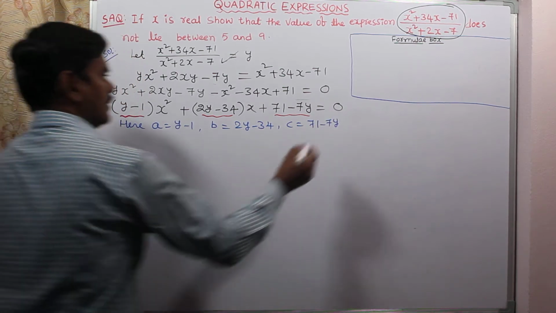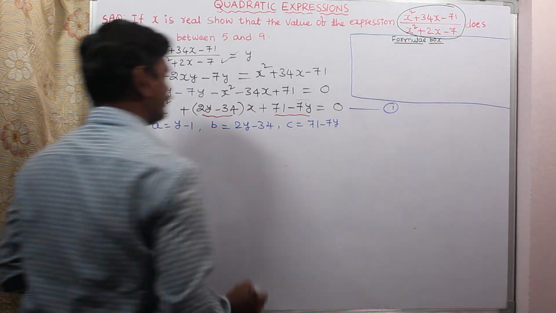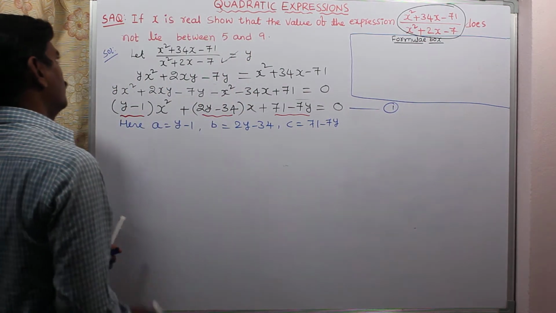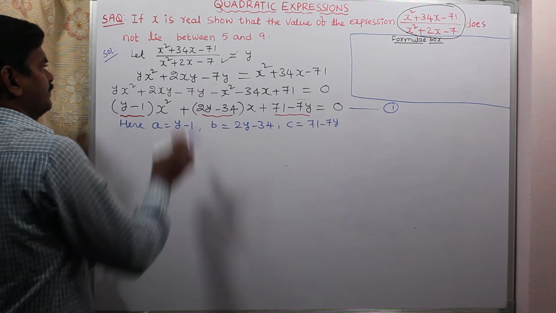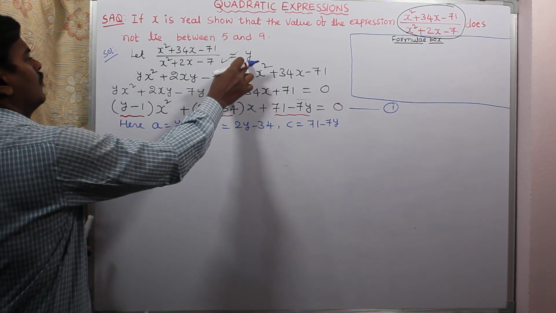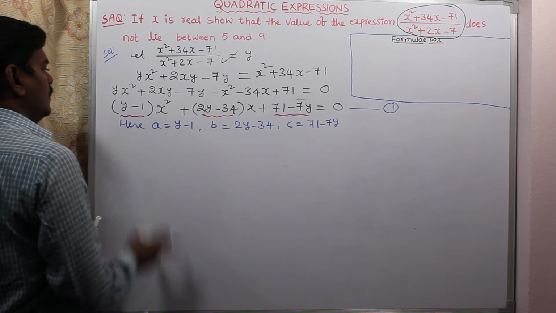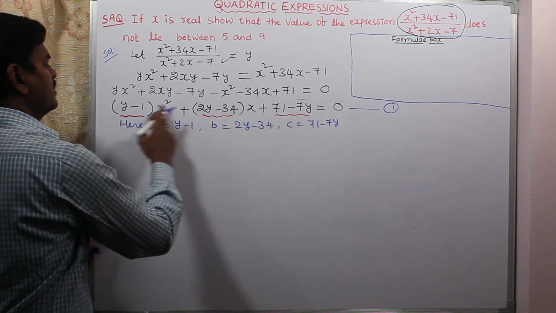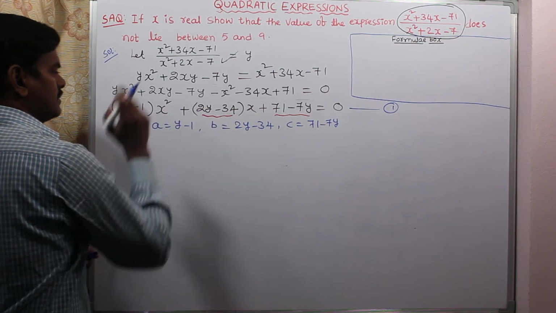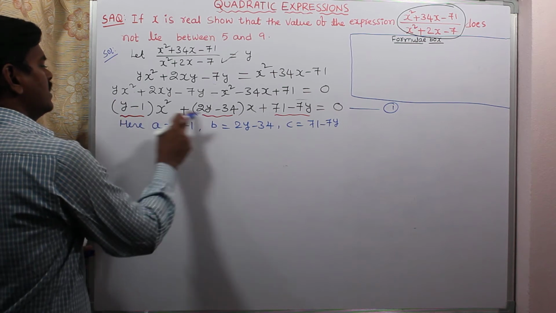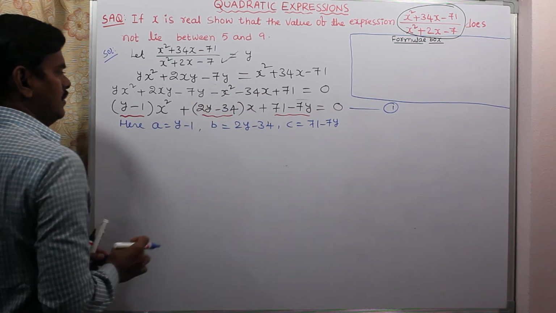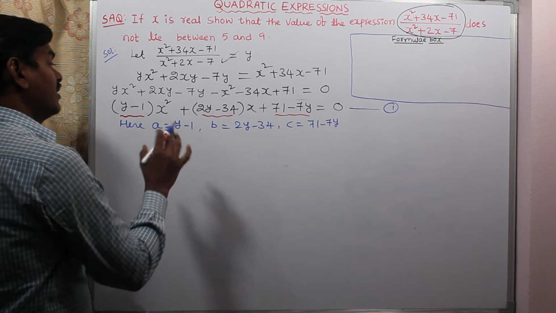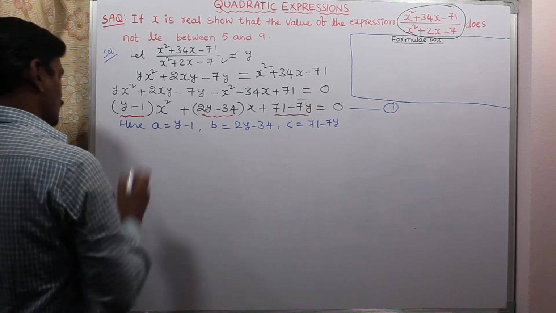Let it be equation number 1. Now x is given as real. Since x is real, y also becomes real. This is a quadratic equation in x whose coefficients are in terms of y, so equation 1 will always have real roots.